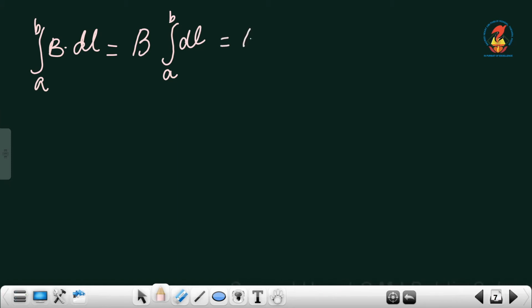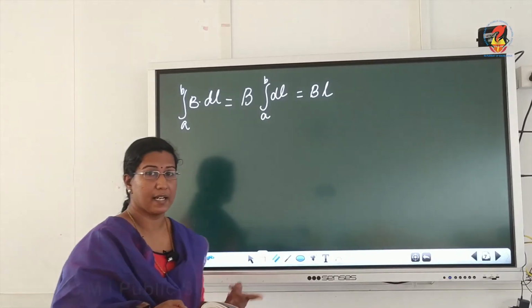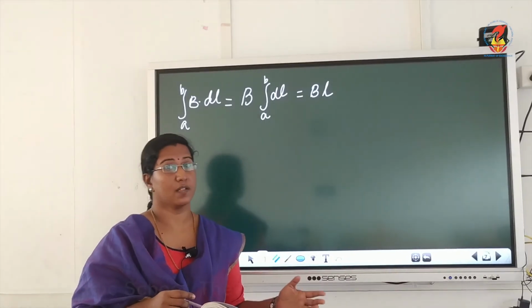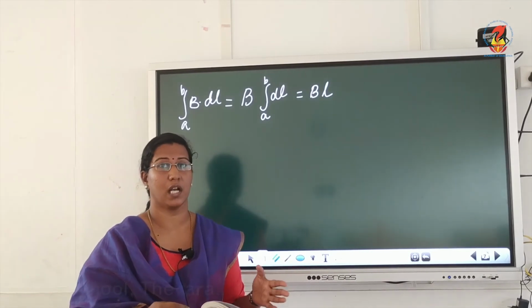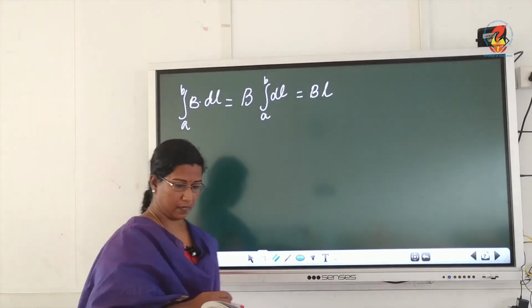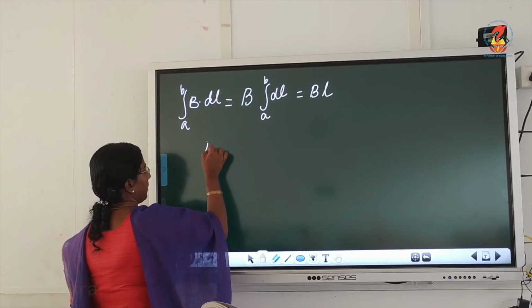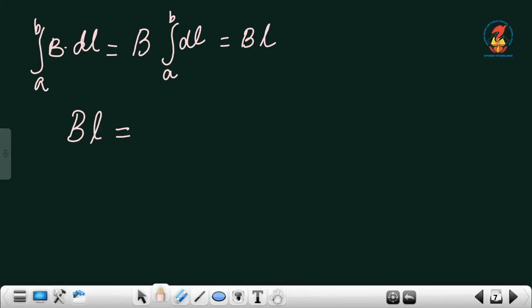So, it is equal to B into L. Now, what did Ampere say? Integral of B dot dl for a closed loop is equal to mu 0 times the total current passing through the surface. So, I can write this as BL is equal to mu 0 times the current passing through the surface.